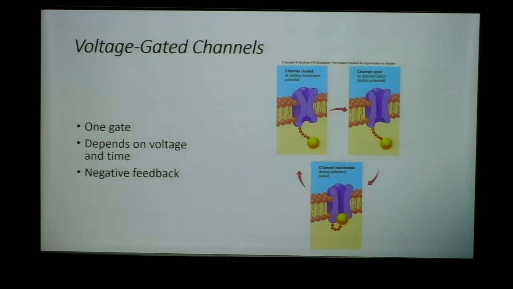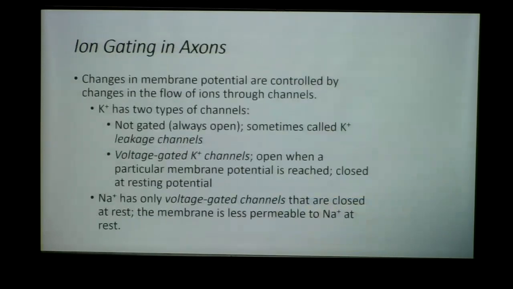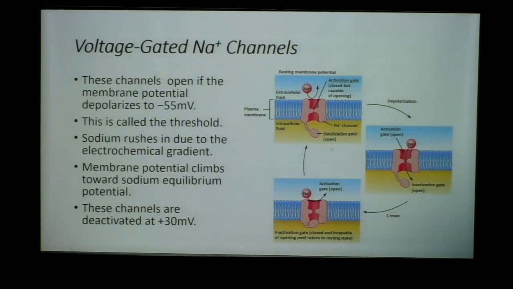Because the activation gate is closed, but the inactivation gate is open. Right, so let's sort of start here. So this is at rest. Activation gate closed, inactivation gate open. The channel is closed, right? And I'm going to differentiate that from being inactivated, and I'm going to say it's closed, but it's capable of opening here, okay? And this happens at negative 70.